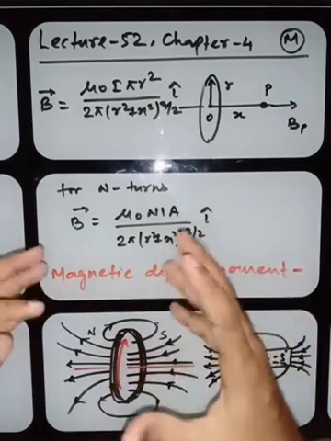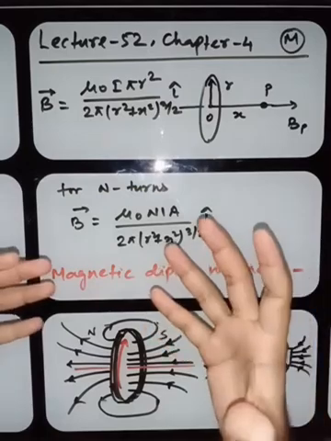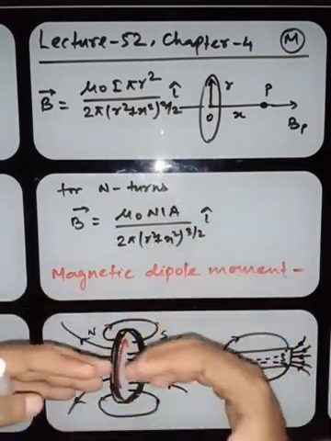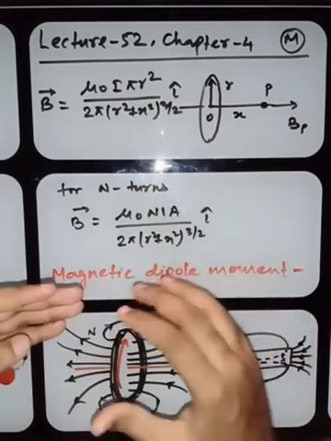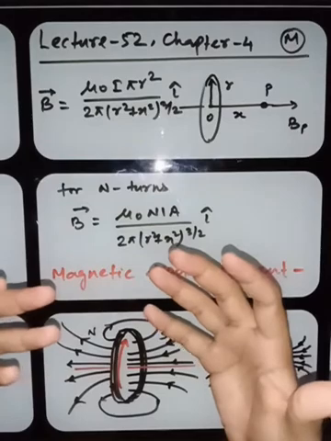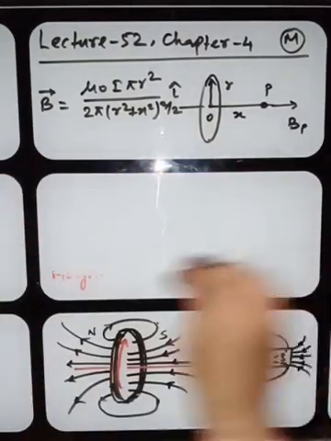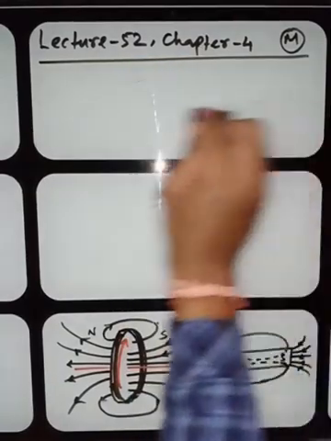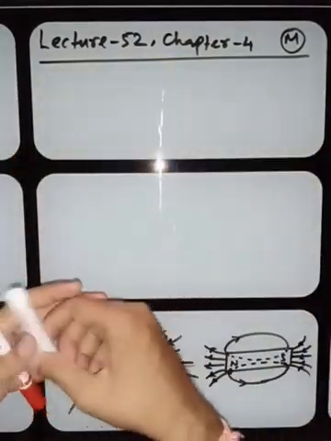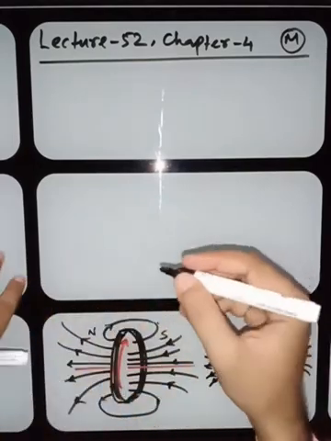Another very important thing is to find which face is the south pole and which is the north pole, because you will use this topic in electromagnetic induction when we study Lenz's law. So let me clear which face of the coil you will treat as south and which as north.